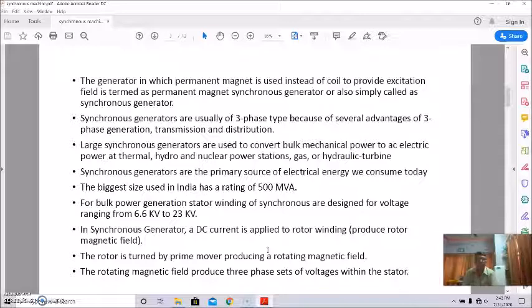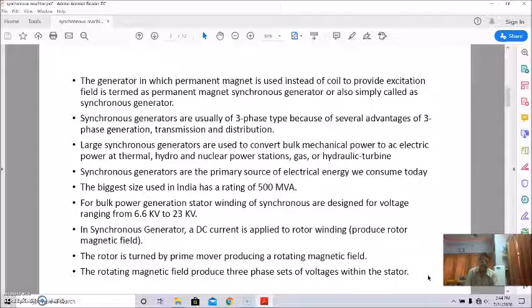In a synchronous generator, a DC current is applied to the rotor winding to produce a rotor magnetic field, and the rotor is turned by a prime mover, producing a rotating magnetic field. Basically, in the rotor, since DC excitation is being provided, a DC magnetic field will be generated, which is not rotating or alternating.